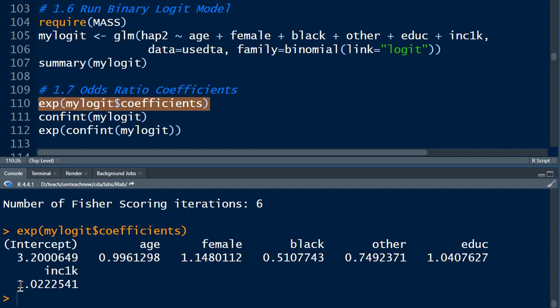It is going to increase by a factor of 1.02222541. So when we talk about odds, the odds of what? Almost always we're going to say the odds of y equal to 1. So here, y equal to 1 is happy. So it's going to increase the odds of being happy by that amount.